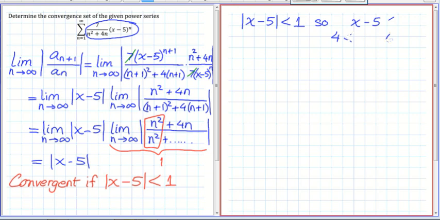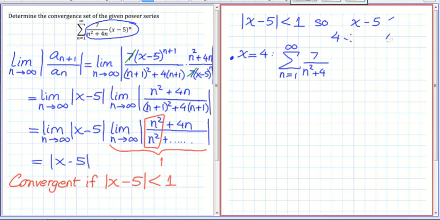So if x equals 4, then the series becomes the sum from n equals 1 to infinity of 7 over n squared plus 4n, and then x is 4, so we have minus 1 to the n power. Right.